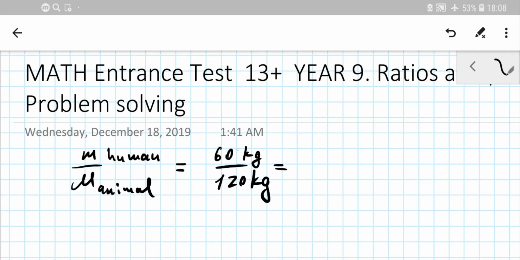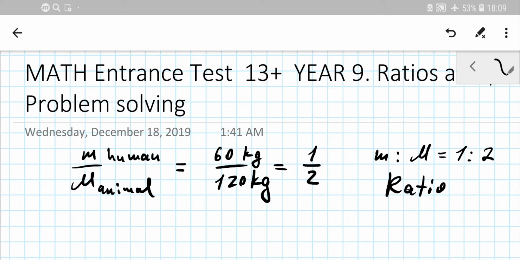In this case, you can simplify that: you divide by 60, or cancel, and get 1/2. So the mass of the human being and the mass of the animal are related as 1 part to 2 parts. That means the ratio represents a way of comparison.